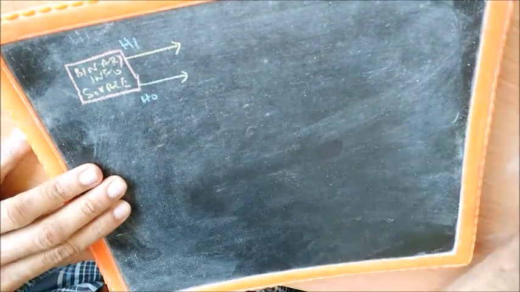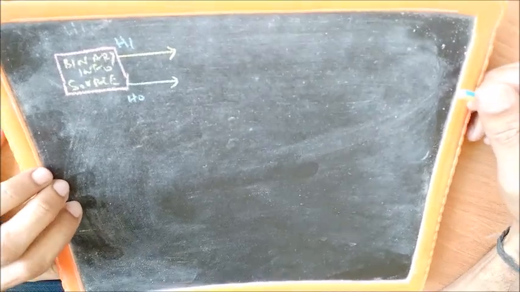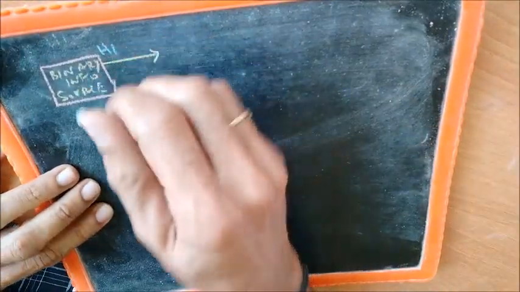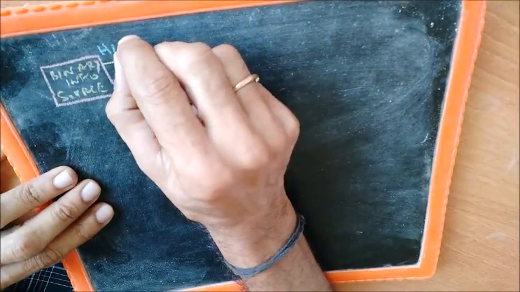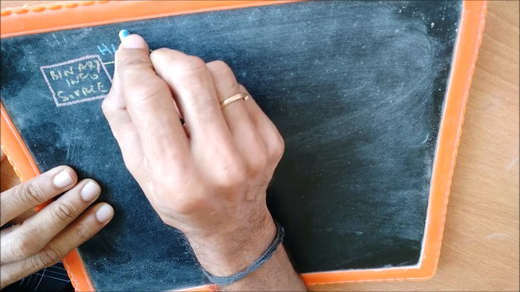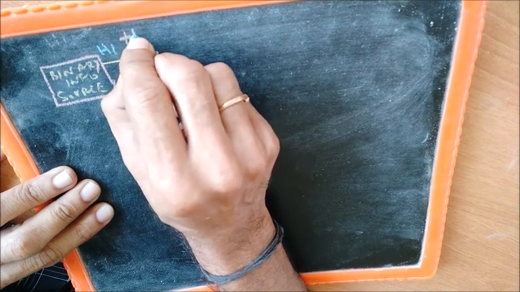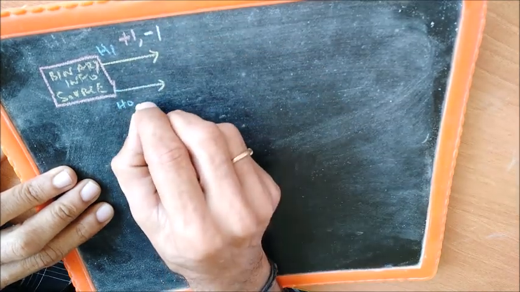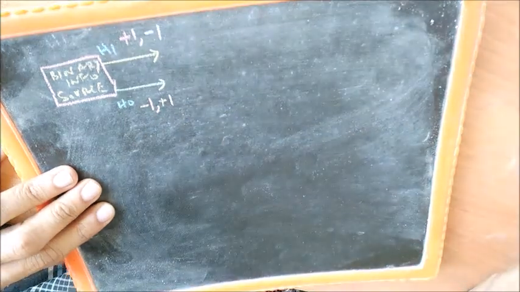But the difference is that in this case the encoding is such that when H1 is the true hypothesis, which could be bit 1 and H0 bit 0, two symbols are transmitted: plus 1 followed by minus 1. When H0 is the true hypothesis, minus 1 followed by plus 1 is transmitted.